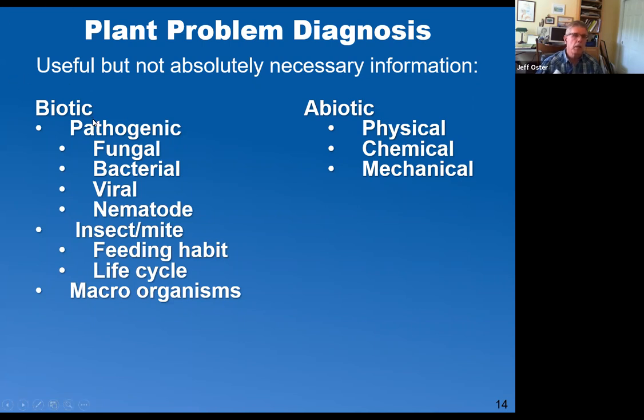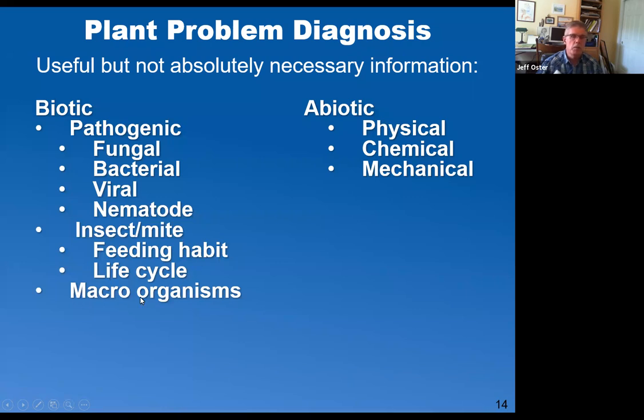So they're biotic, caused by living organisms, those diseases, and abiotic, caused by non-living things. So pathogenic, things that actually cause symptoms in plants, and they may be bacterial, viral, fungal, nematode are the most common ones. Insects may be a problem in your garden. So which insect it is depends on how they feed and their life cycle.